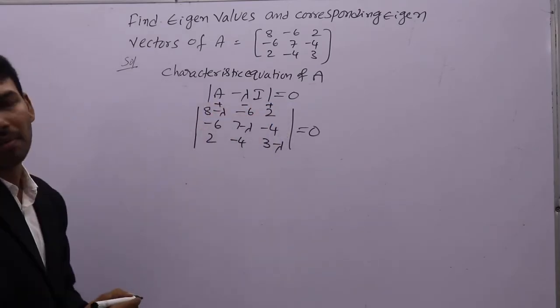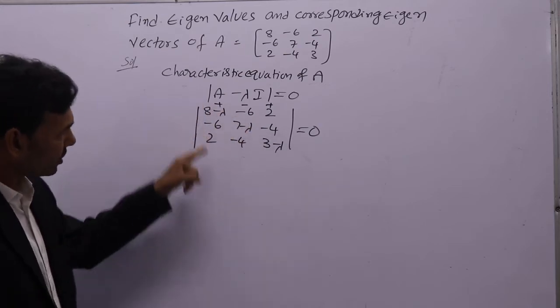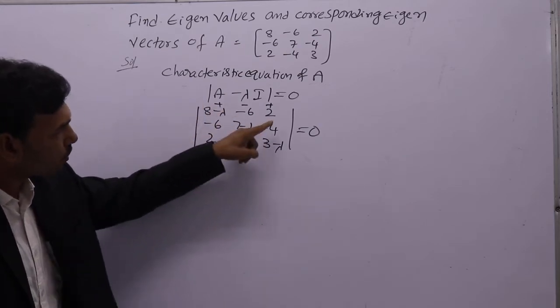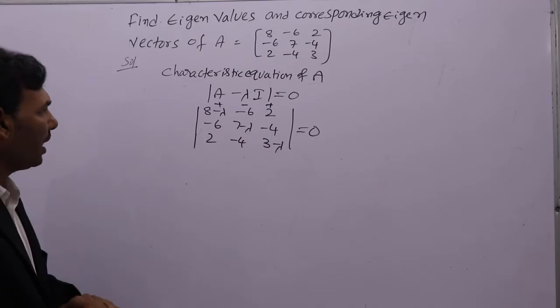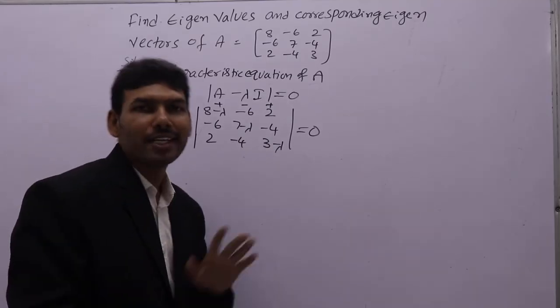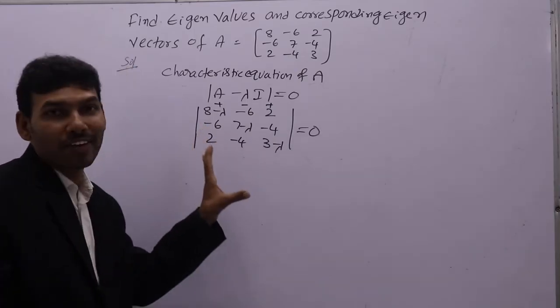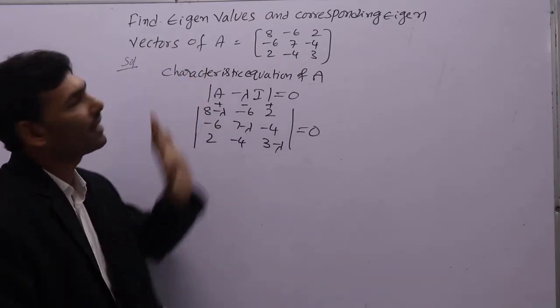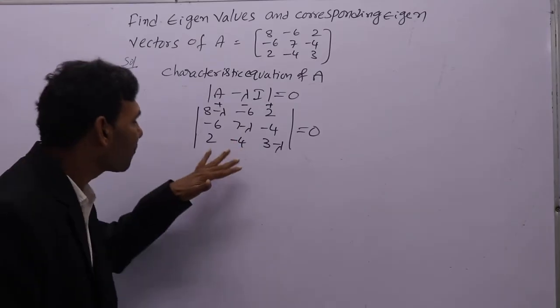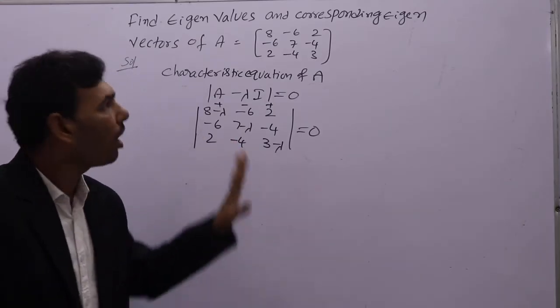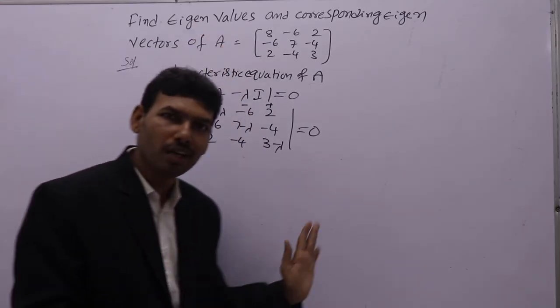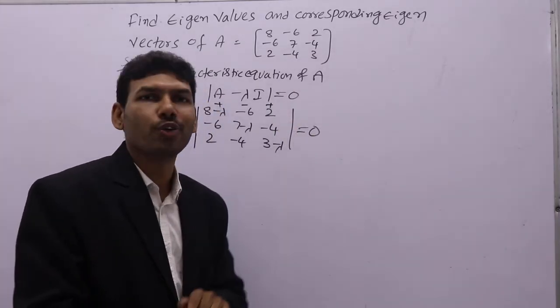8 minus lambda into, by deleting the first row and first column, you multiply these two minus these two, like that. But that is a very lengthy process. As I said, the characteristic equation plays a key role in evaluating eigenvalues and eigenvectors. If it is wrong, the eigenvalues will be wrong, and the corresponding eigenvectors will also be wrong.